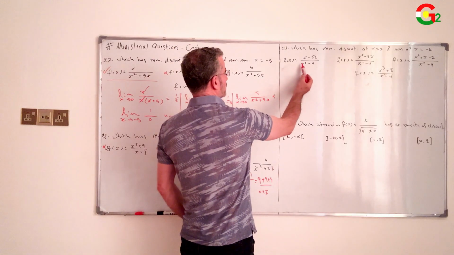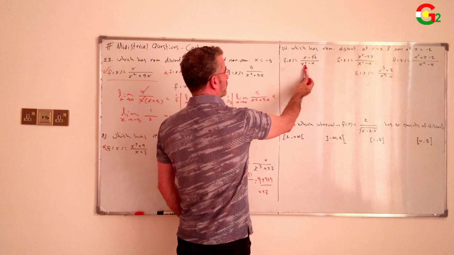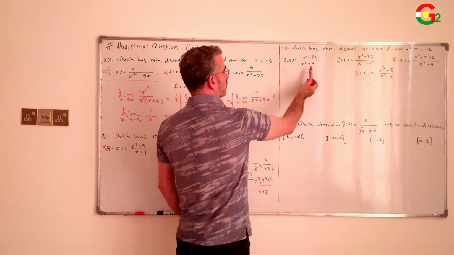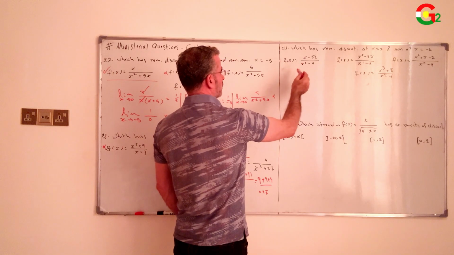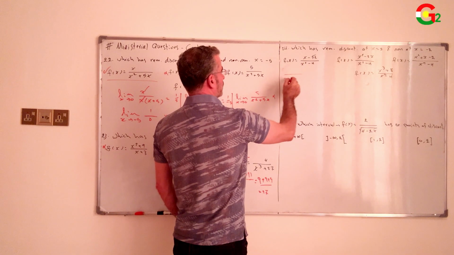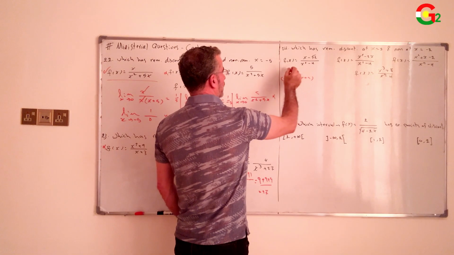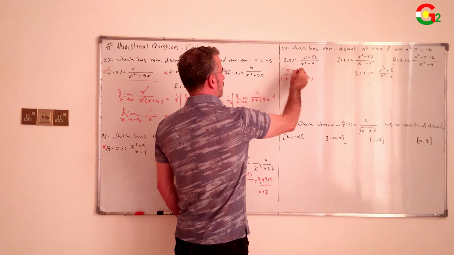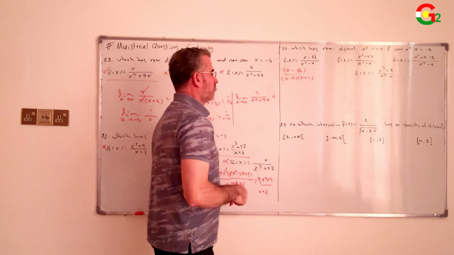For the first function, this function has no removable discontinuity at 2 and a non-removable discontinuity at x equals -2, since if we analyze the denominator, the difference of 2 squares, I cannot reduce any bracket from this.